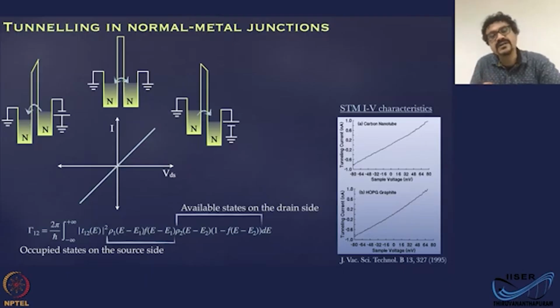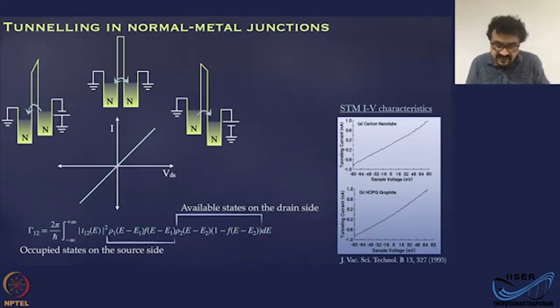And for small applied bias, all these constants are independent of it. All these functions are independent of energy. You have more or less constant density of states near the Fermi level, in that small region. So for very small applied bias, all these are independent of energy.